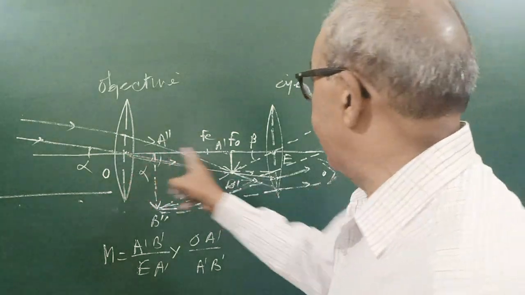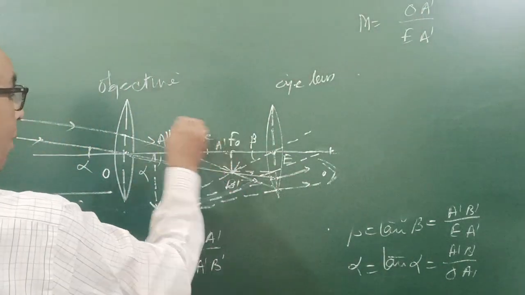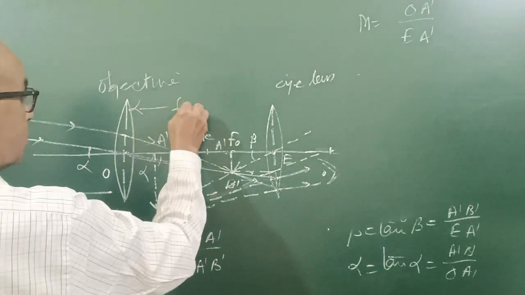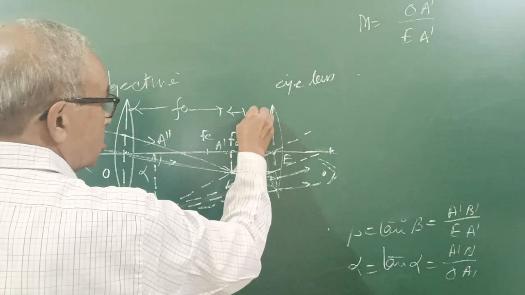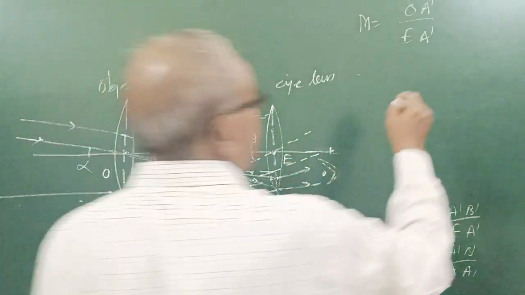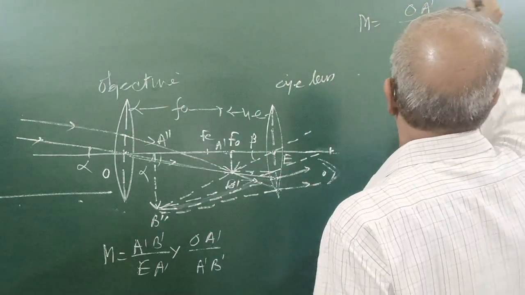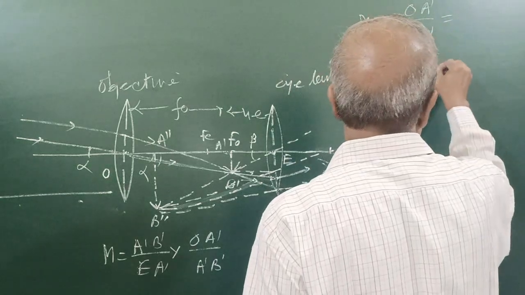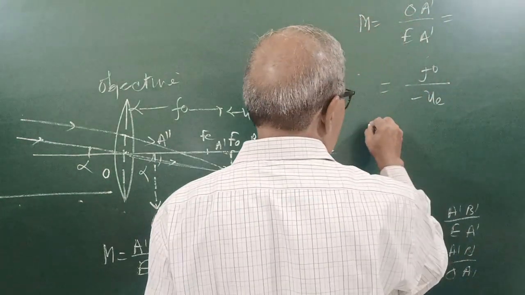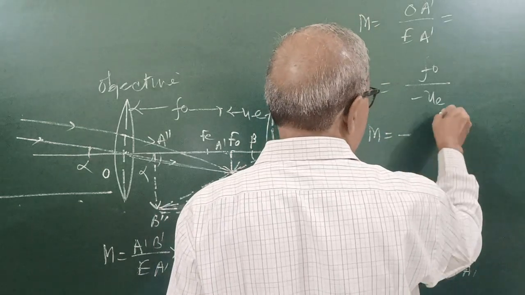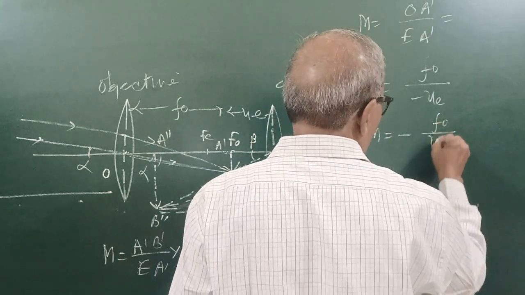But O A dash is F, the focal length of the objective, and this is UE. So we can write here FO upon minus UE, or M equal to minus FO upon UE.